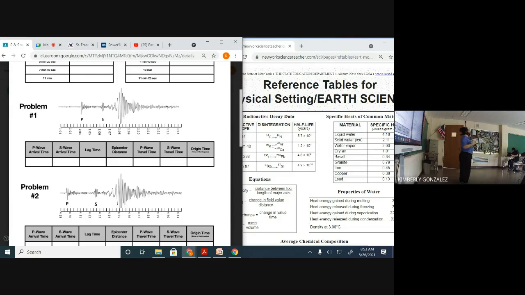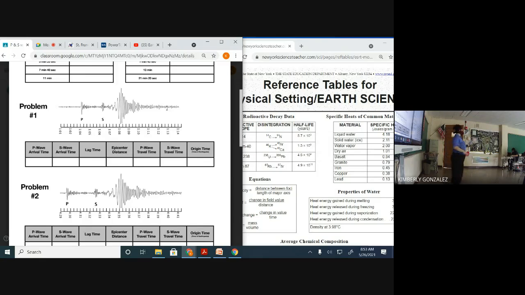That means if right now it's 8:53 when you record the first P wave that shows up, the origin time would be 5 minutes behind us. So if it's 8:53 right now, what is 8:53 minus 5? 8:48. So that means the origin time for the earthquake was 8:48 a.m.